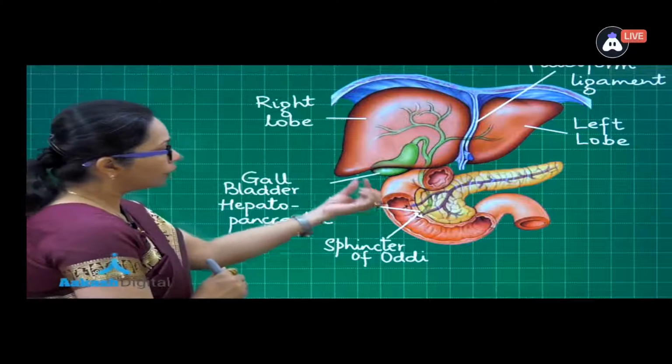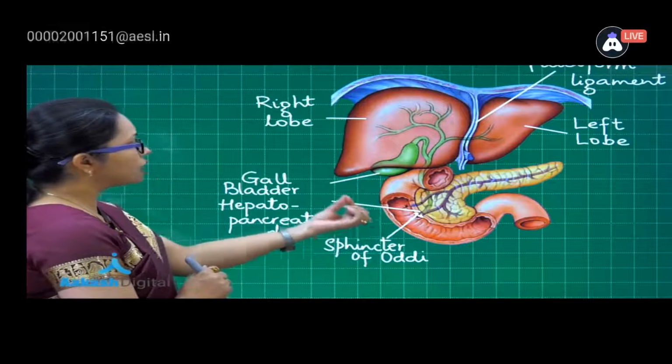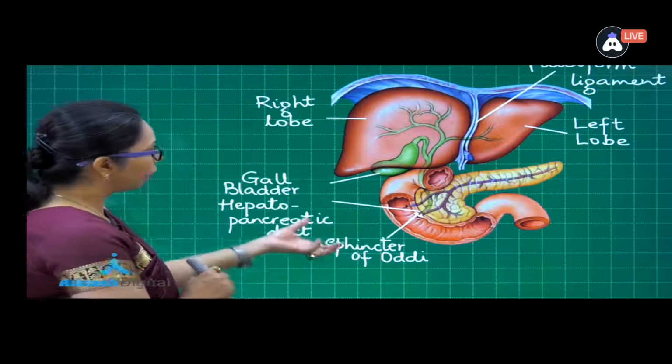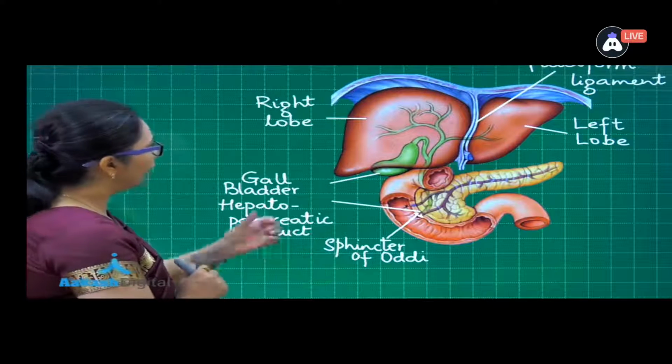So both bile juice and pancreatic juice will flow in a regulated manner because of this sphincter of Oddi.